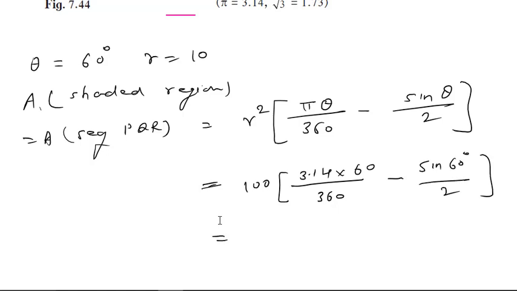So this is 100. Here this 0 cancels, 6 6s are 36. So here I have 3.14 divided by 6 minus the value of sin 60. The value of sin 60 is root 3 divided by 2, so it will become root 3 divided by 4.